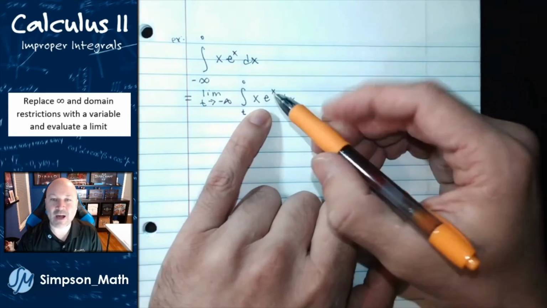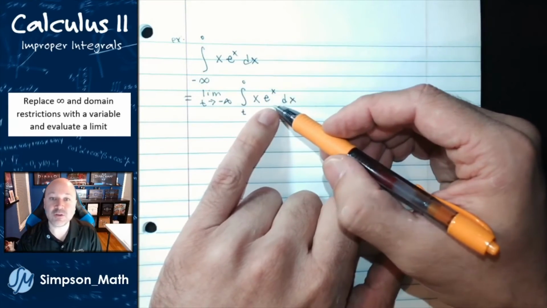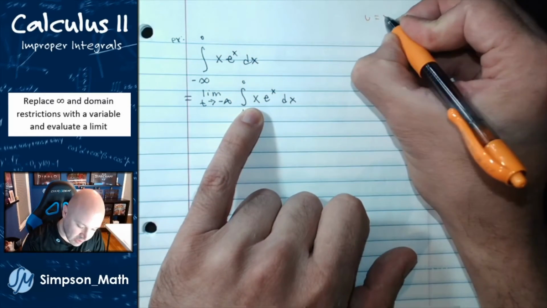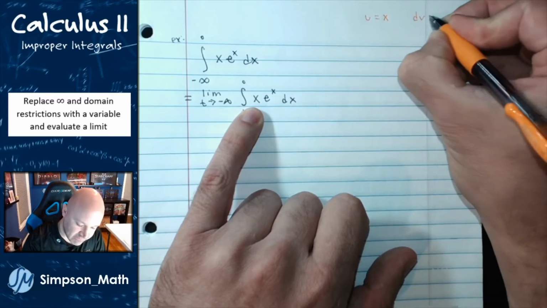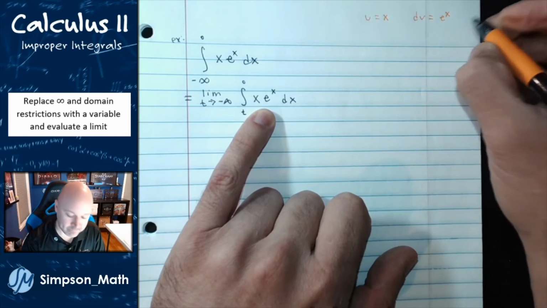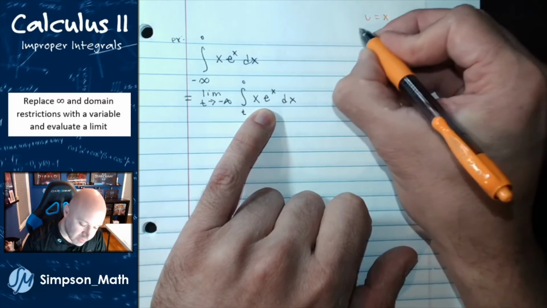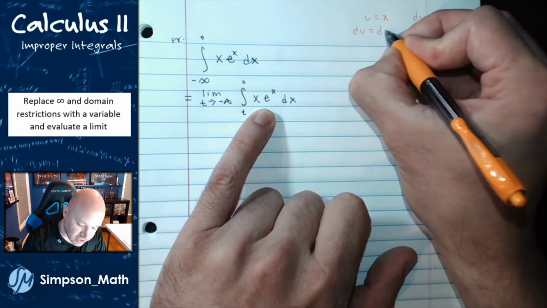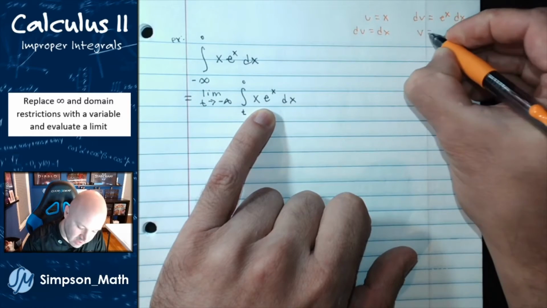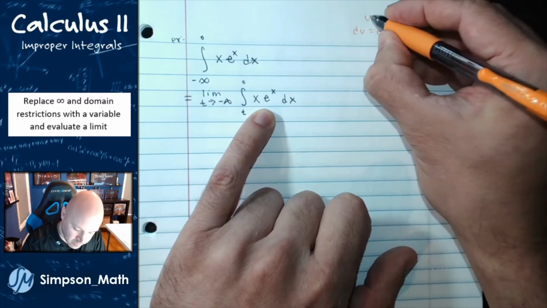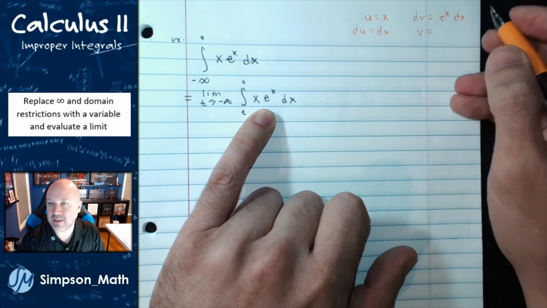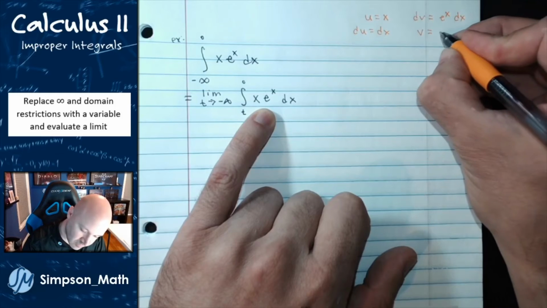So I've got an algebraic part and an exponential part. I'm going to let u be the algebraic expression and dv be the exponential expression. Du is then just dx, and v will be the integral, which is just e to the x.